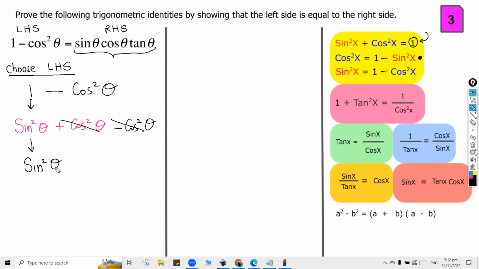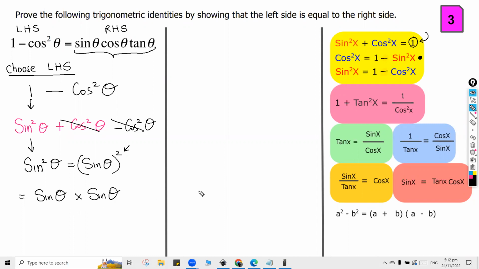But isn't sine squared theta the same thing as sine theta in brackets squared, which is the same thing as sine theta multiplied by sine theta? Isn't that what squared means, to multiply by itself?